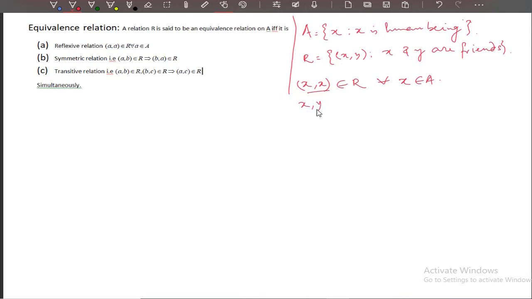x and x are friends because every human being is a friend of itself, himself or herself. So x is always a friend to x. Let us take (x, y) belongs to R. So x is a friend of y. It implies y is a friend of x.